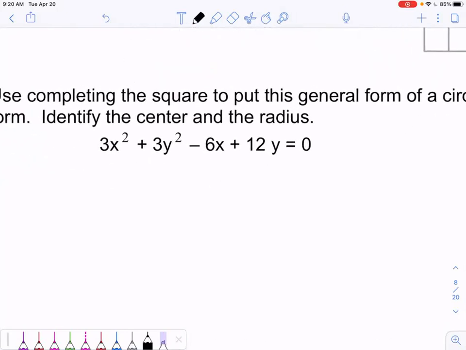We have 3x squared plus 3y squared minus 6x plus 12y, and it's equal to 0. There is not a constant term that you have to take to the other side. All the terms have a variable with them, so they need to stay on the left. So the variables on the left, the numbers go on the right. What's that one thing that you'll have to do to complete the square?